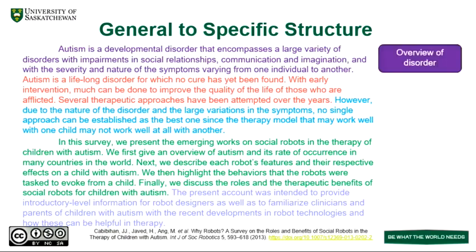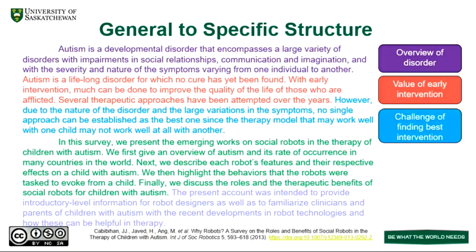So we begin with a broad overview of the disorder. So a broad definition of autism. We move on to the treatment or the interventions that we might use and how that impacts this disorder. So emphasis placed on early intervention.